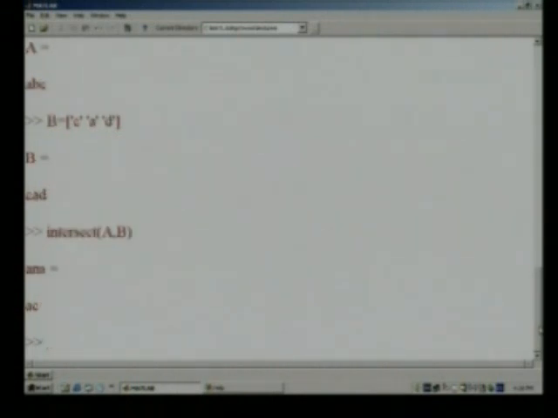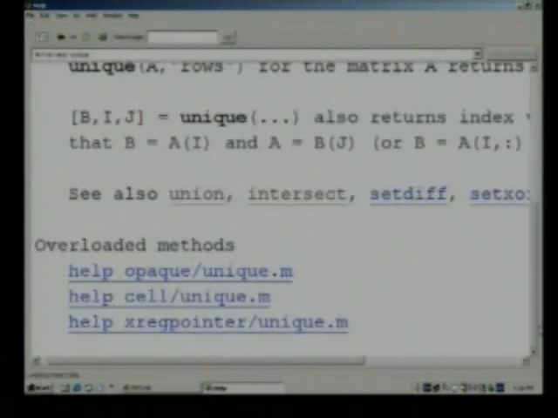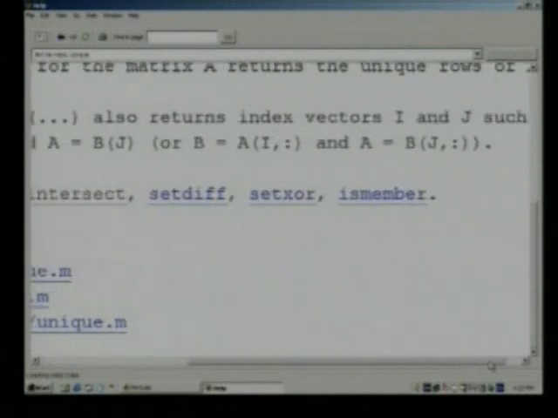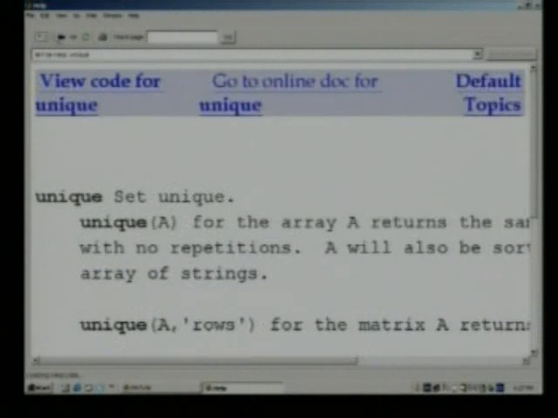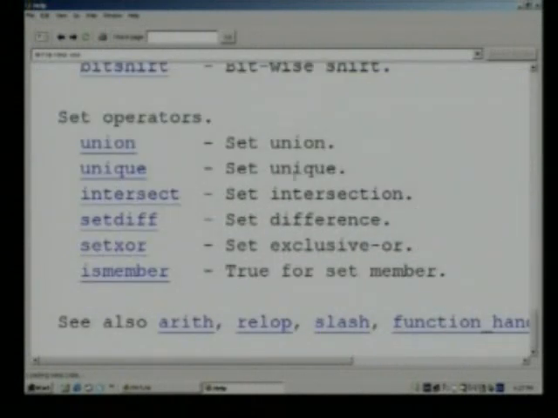It is sorted in the order AC, is it not? Similarly, union, you will get ABCD. So you can operate on sets of characters, integers, or whatever. So these are all about operators.